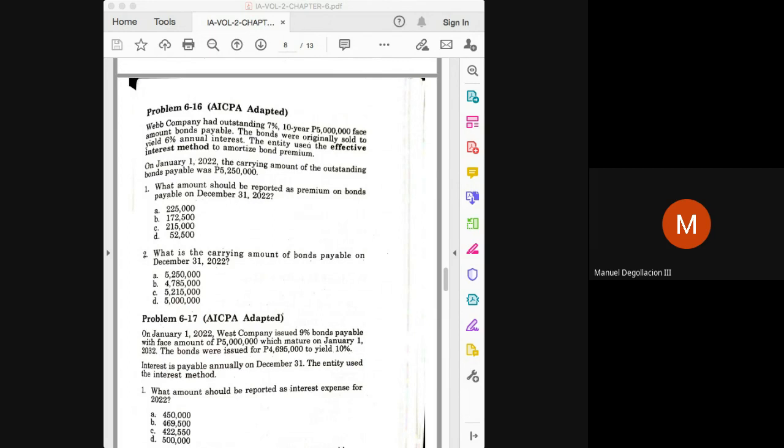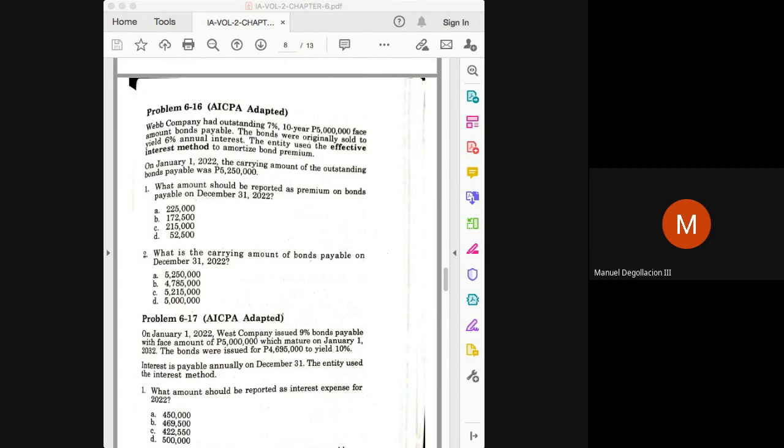Number one, if in the previous year it was not for a whole year, and for the second year it was for a whole year. So definitely the amortization for the first year, if the bond was not outstanding for a whole year, will not be the same as the second year, because for the second year it will be good for one whole year, and the first year will be less than 1 year. Okay, but on a per month basis, the amount of amortization would be the same.